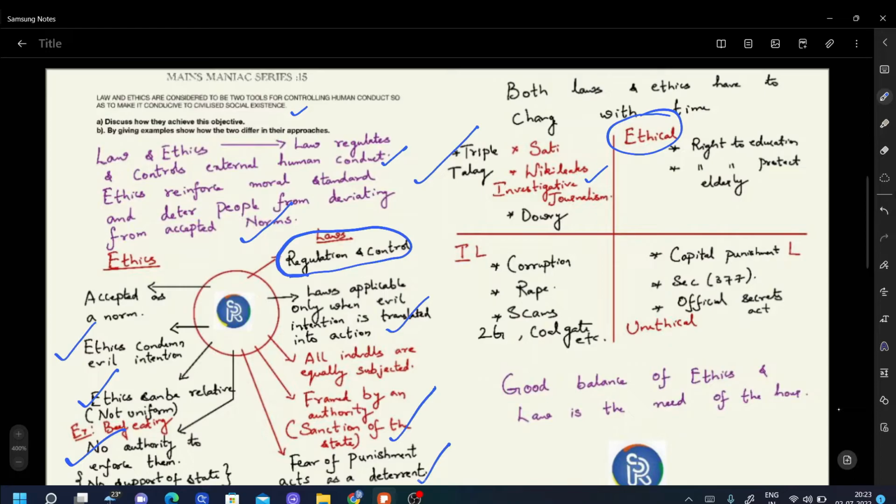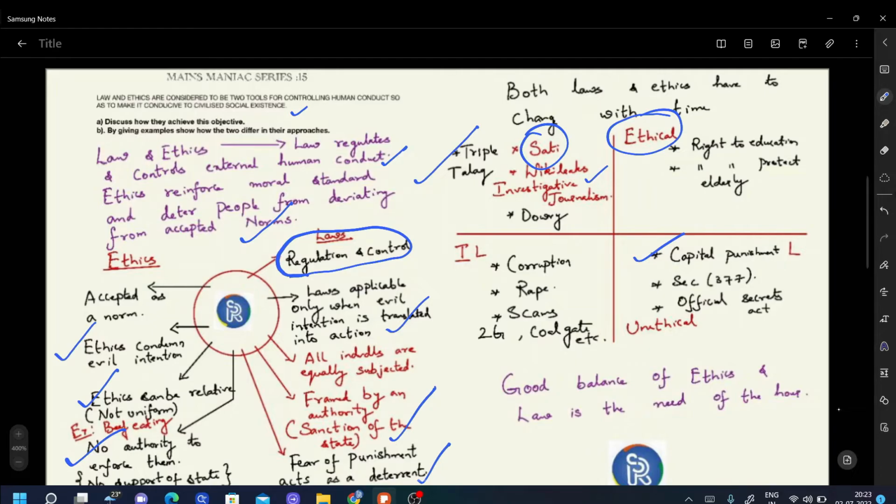Similarly, talking about triple talaq, etc. Sati, at that point of time, was also accepted by society, ethical but illegal. So something that is ethical can be illegal, and something that is legal can at times become unethical. For example, capital punishment, which is legal but unethical.